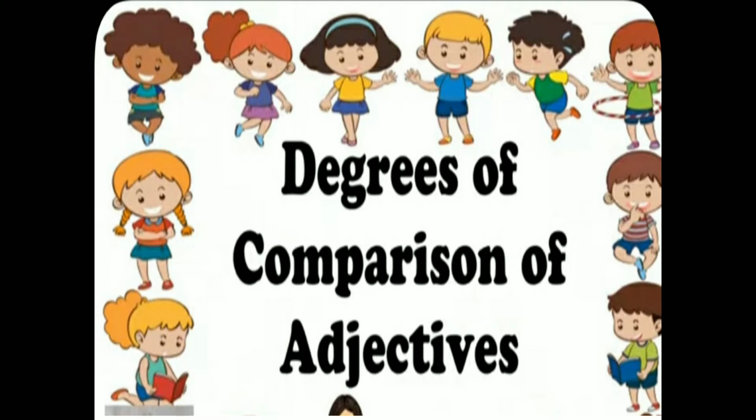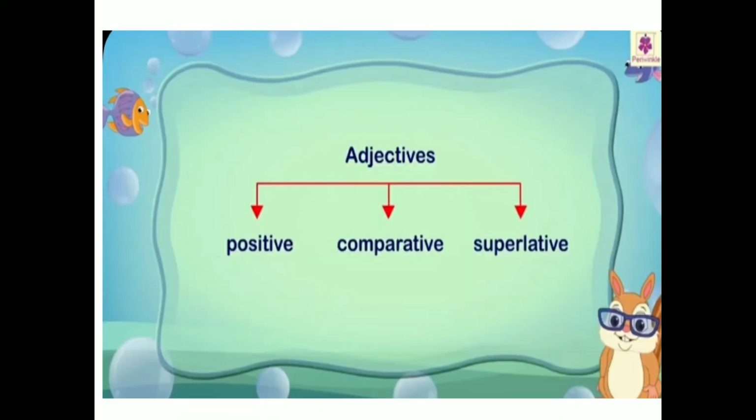It is called the degree of comparison of an adjective. There are three degrees of comparison: first, positive degree; second, comparative degree; and third, superlative degree. Now let's see the three degrees in detail with examples.